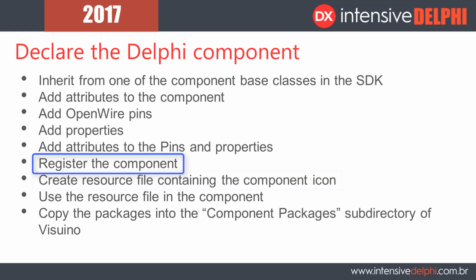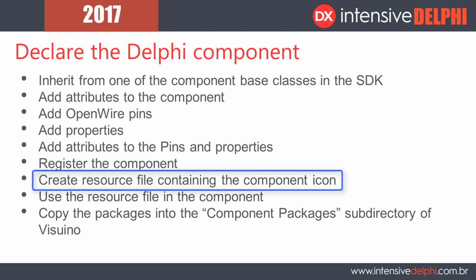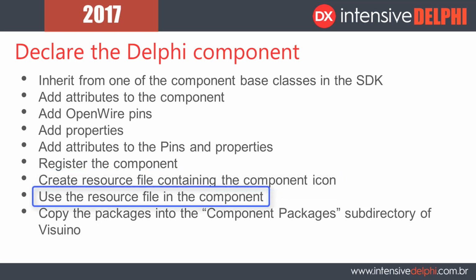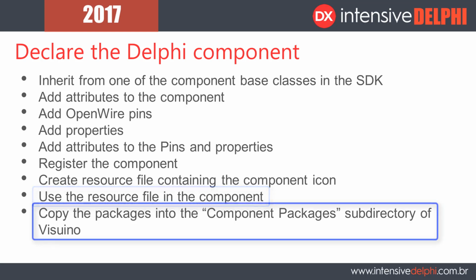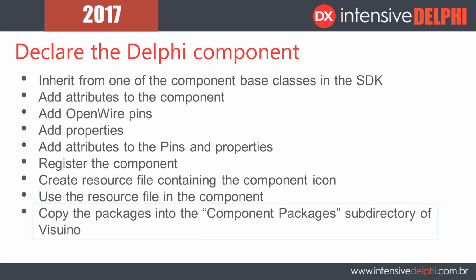We'll register the component, create a resource file containing the component icon in a semi-transparent PNG format, 32 by 32 pixels. We will use the resource file in the component, compile the packages and copy them into the component packages subdirectory of Visuino.